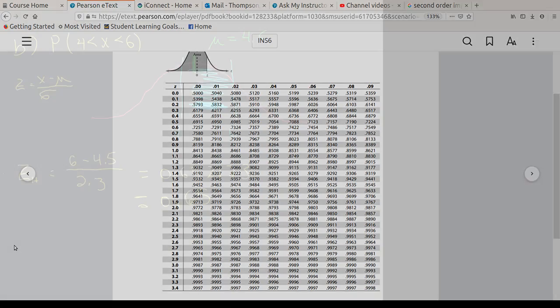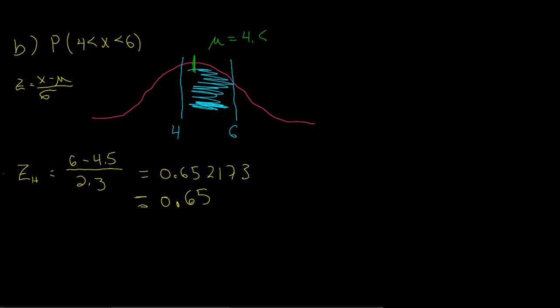So the probability of z high is equal to 0.7422.